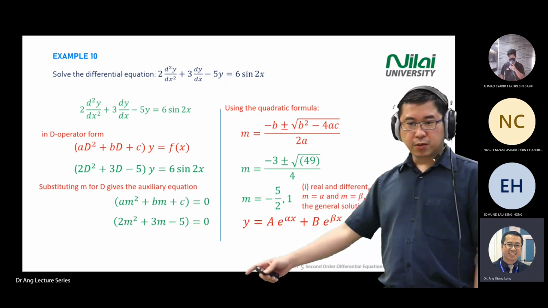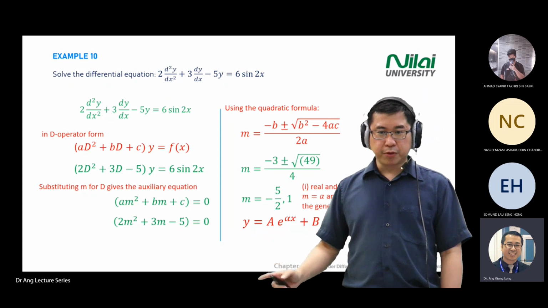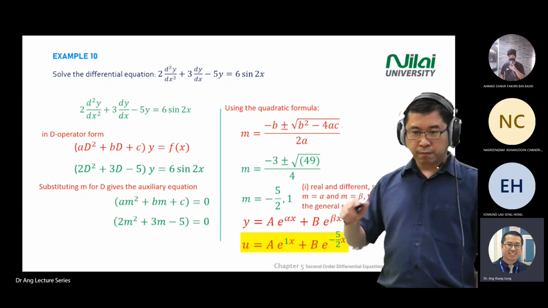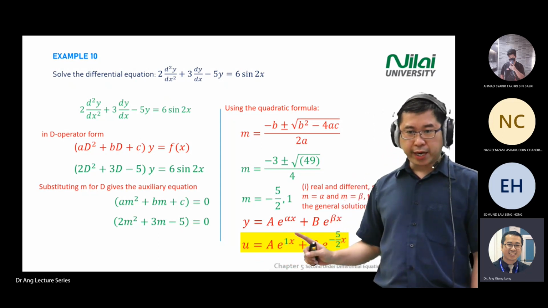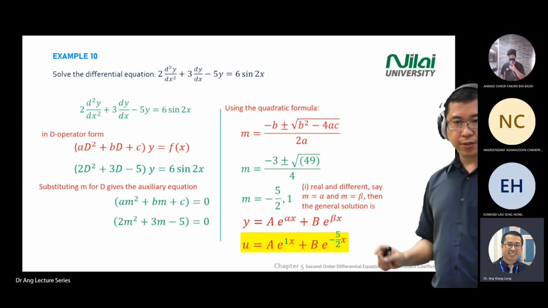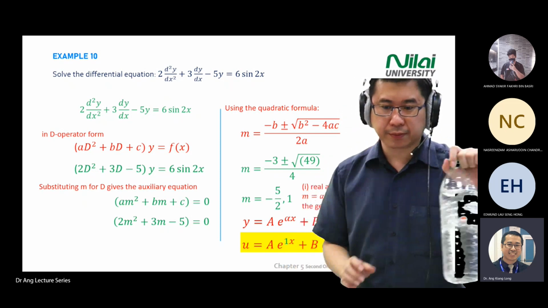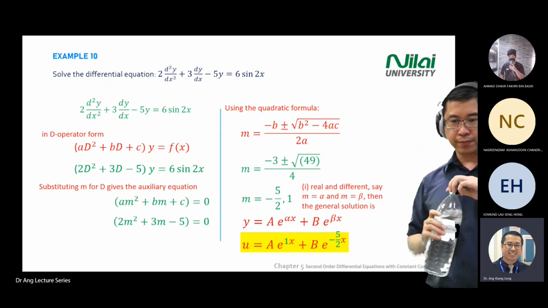Okay, so the first step over here, you remember to change your y to become u. You get the first 50% of the question. u equal to Ae^(1/2 x) + Be^(-5x)... Okay. So this is the first part when you arrive at u.